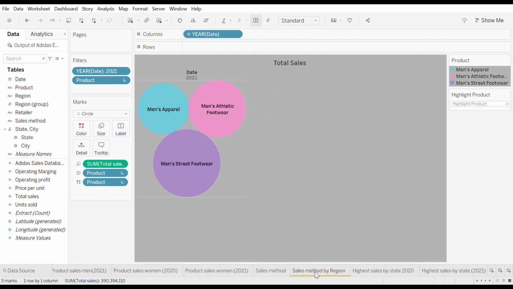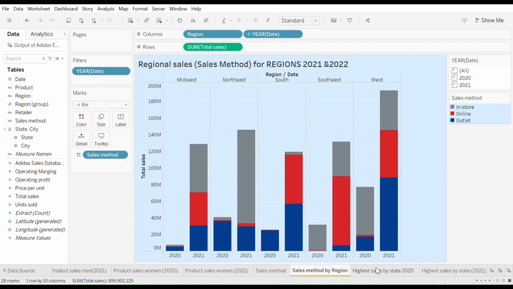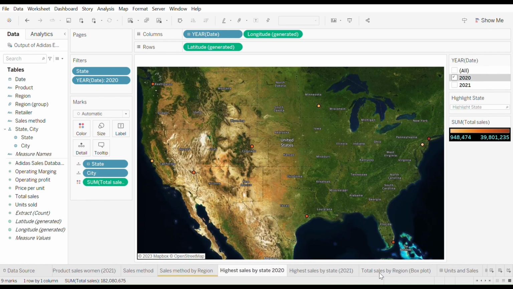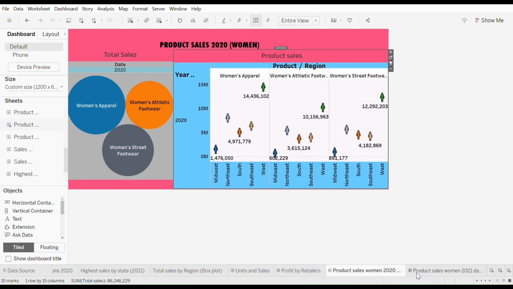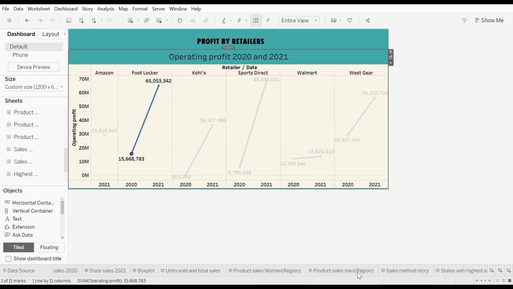After that I created my dashboards. Here I have the various dashboards.